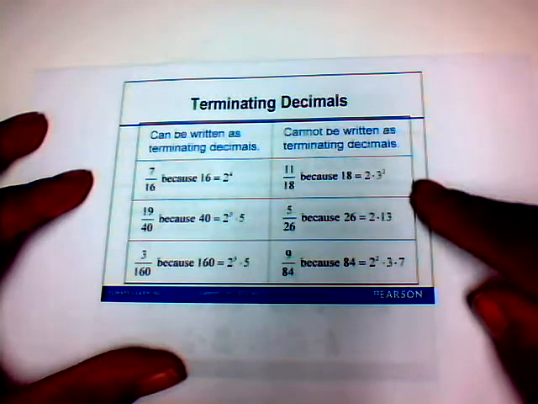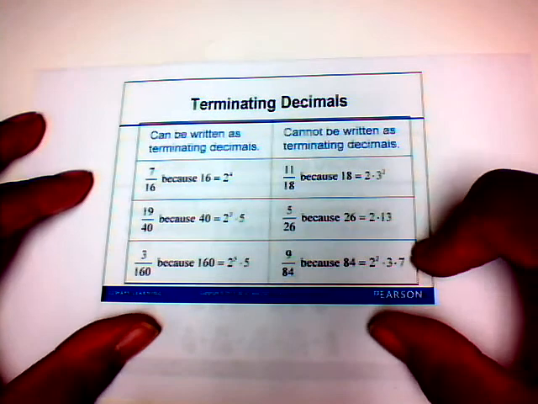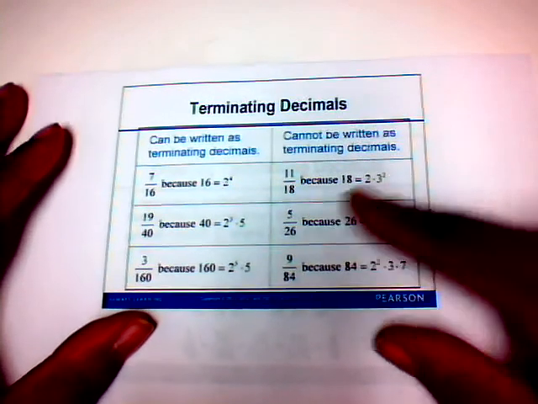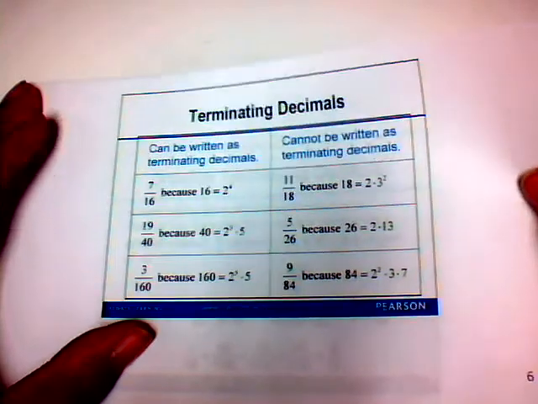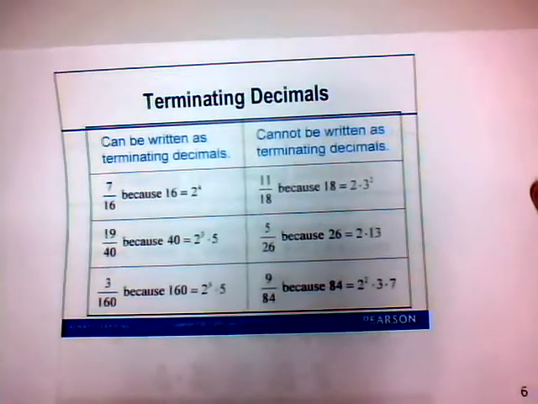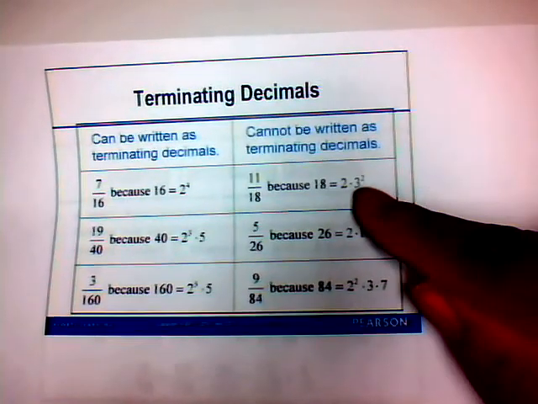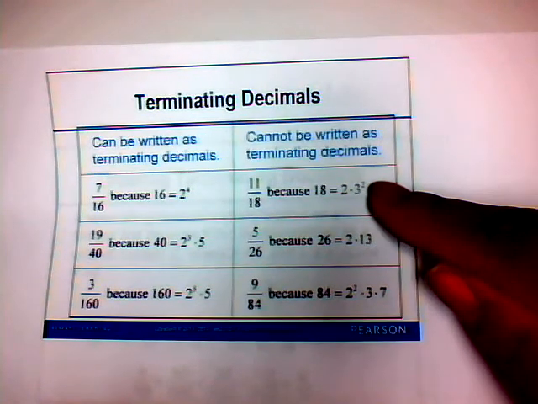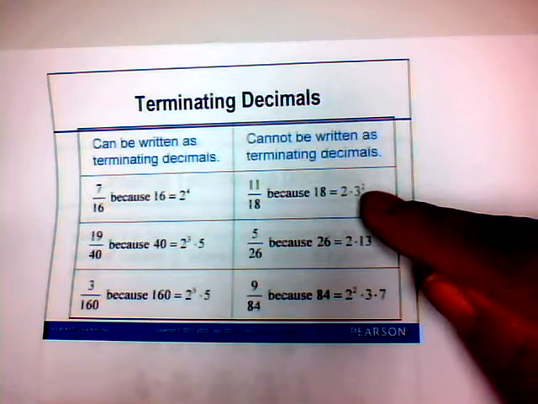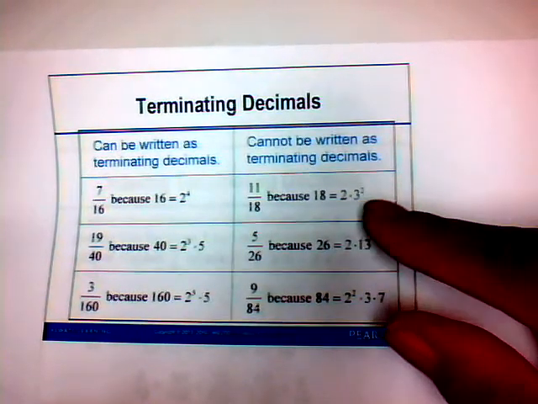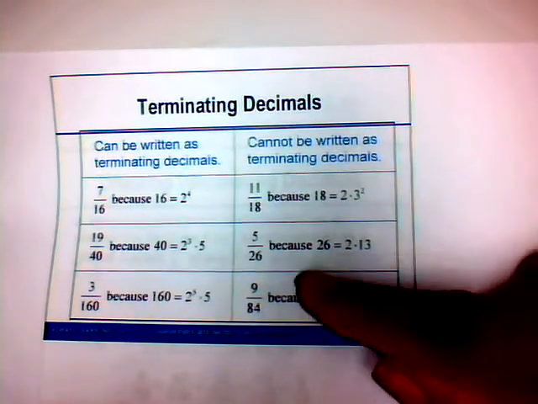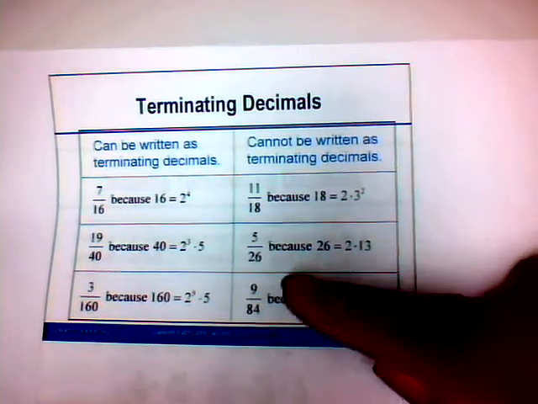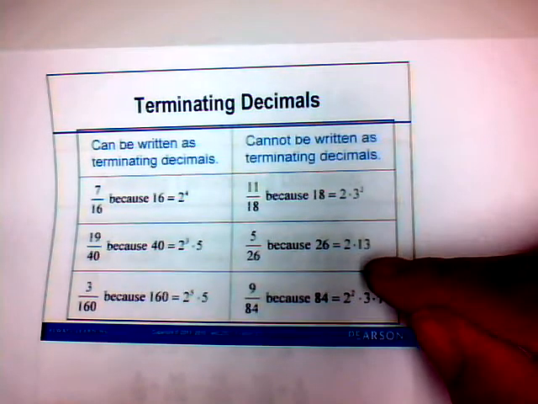The ones on the right cannot be written as terminating decimals, like 11/18, because 18 is 2 times 3 to the second. It has 3 as a prime factor, and we can't have primes other than the number 2 and 5. The same with 5 over 26. 26 is written as 2 times 13.